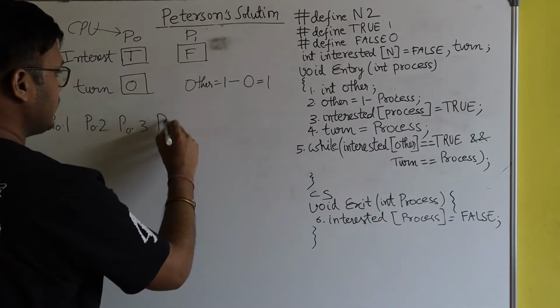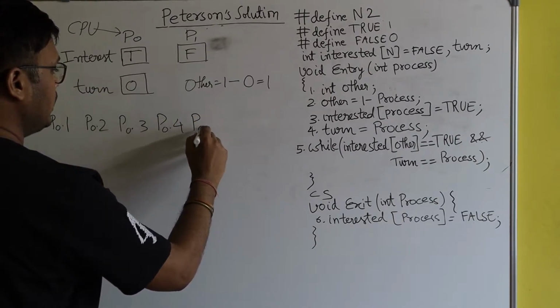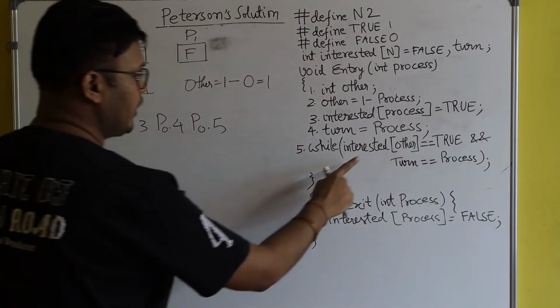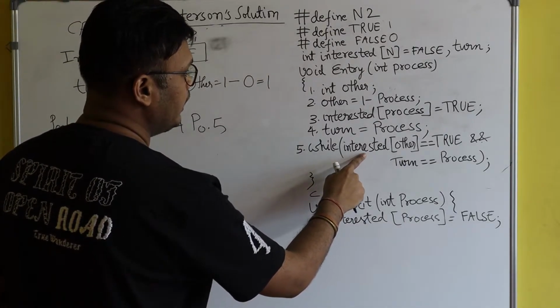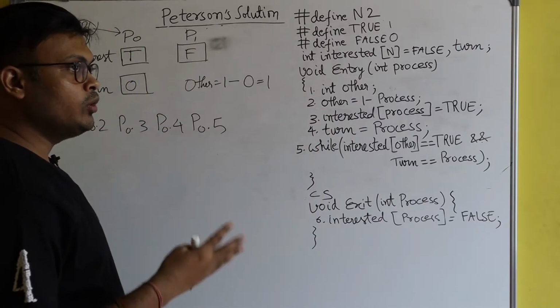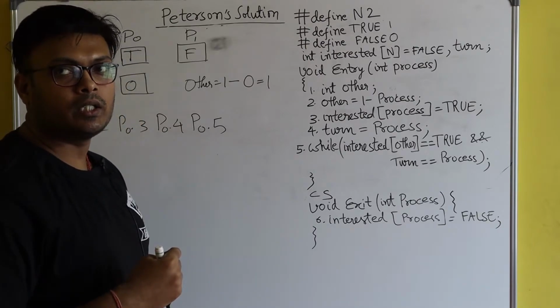So P0 has executed line number 4, and P0 is now executing line number 5. Here in line number 5, this condition should be checked: interested of other is equal to true. So it means P0 is checking whether the other process is interested to enter inside the critical section.